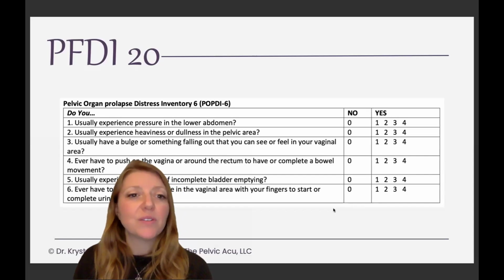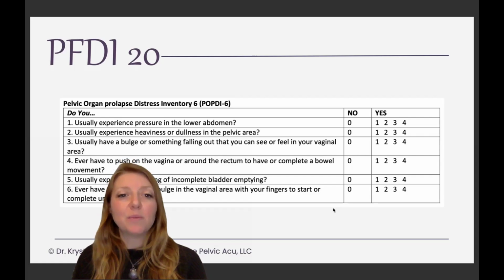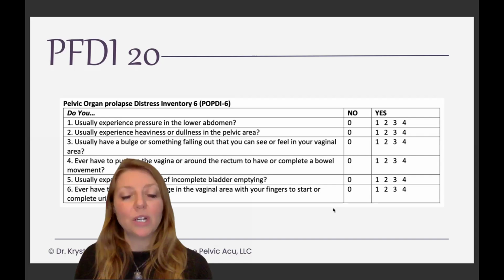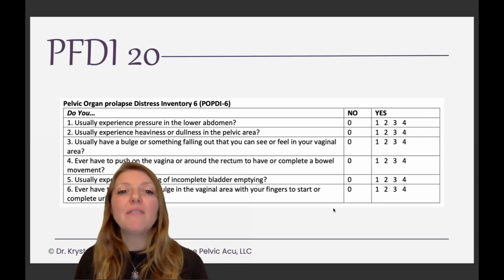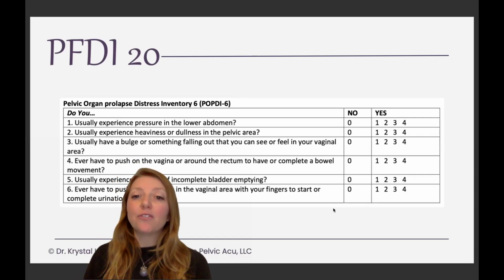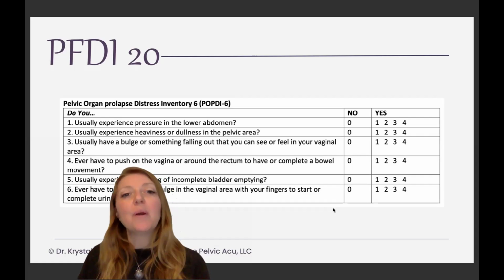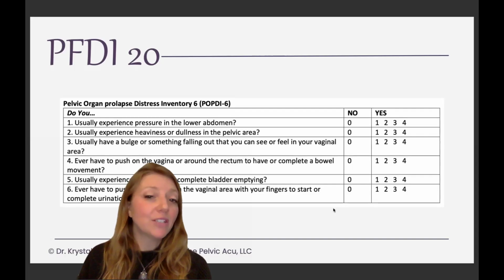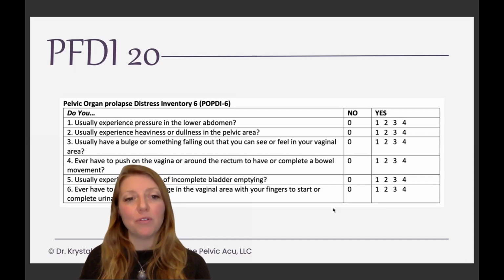So we ask questions like, do you usually experience pressure in the lower abdomen? Do you experience heaviness or dullness in the pelvic area? Do you usually have a bulge or something falling out that you can see or feel in your vaginal area? Do you ever have to push on the vagina or around the rectum to have a complete bowel movement?